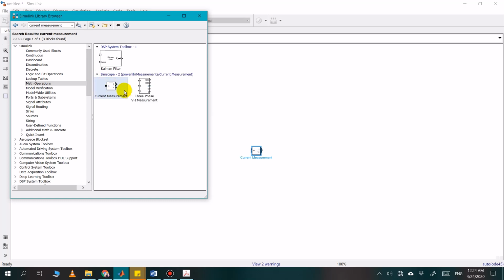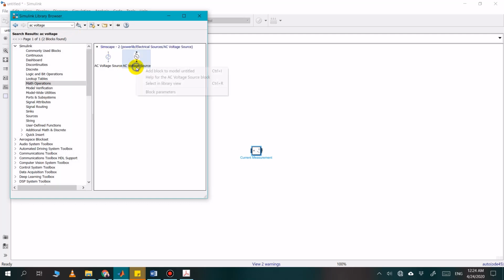Okay, we need voltmeter and ammeter. We also need AC voltage source. So this is the AC voltage source.